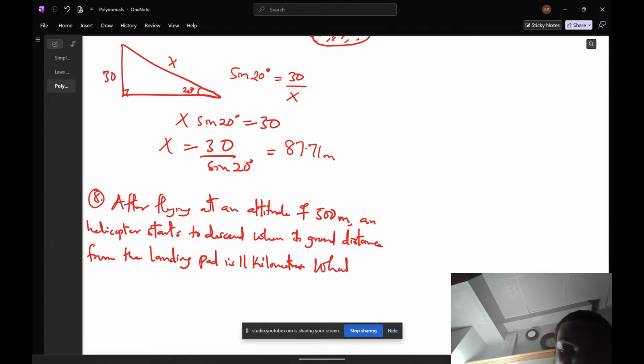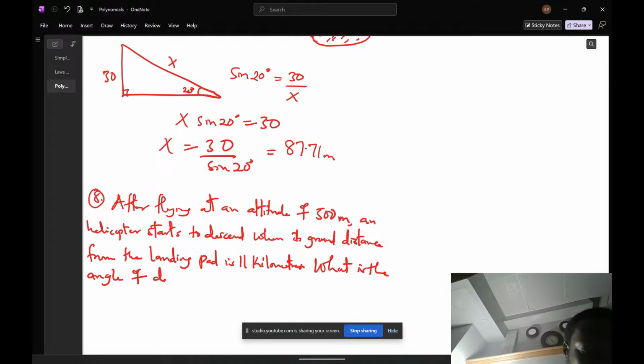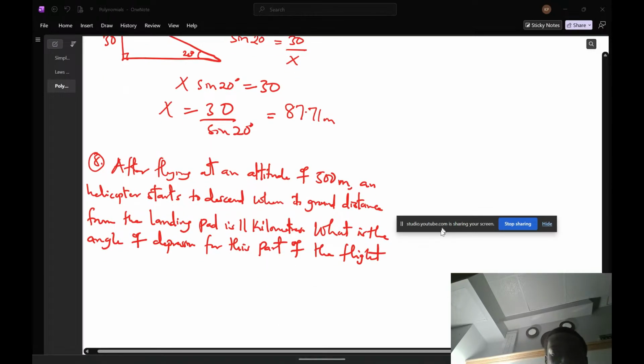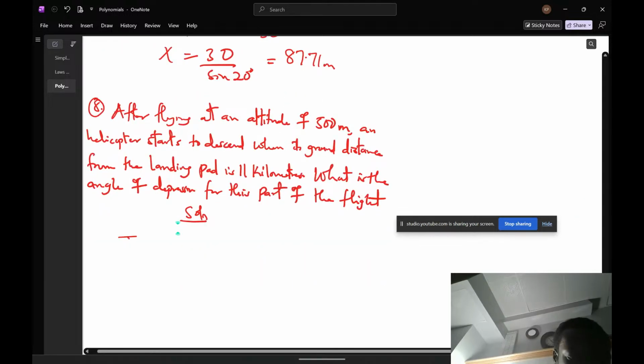What is the angle of depression for this part of the flight? So after flying at an altitude of 500 meters, this is the altitude, 500 meters.